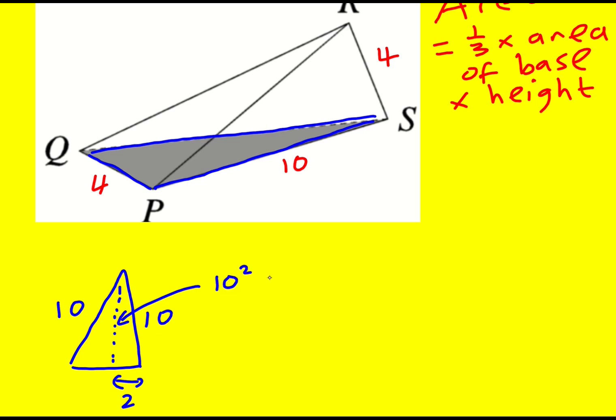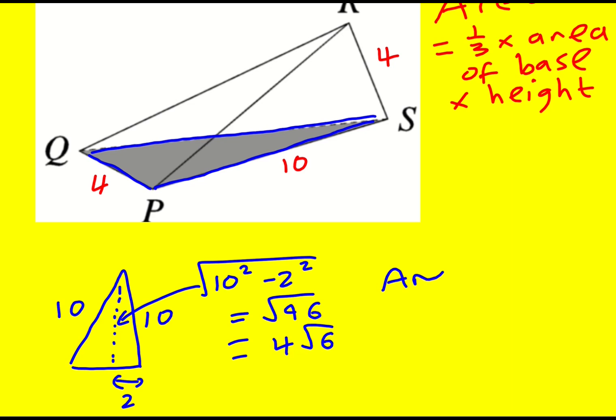It's going to be 10 squared minus 2 squared, square rooted, which gives me root 96. This simplifies down to 4 root 6 because 16 goes into 96.